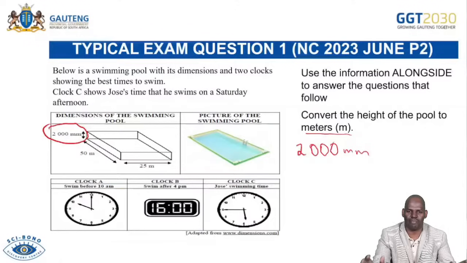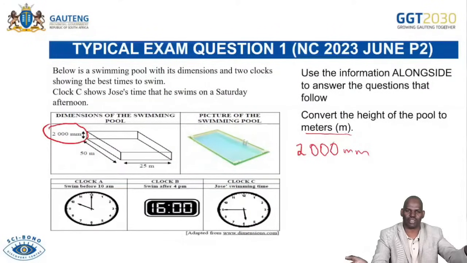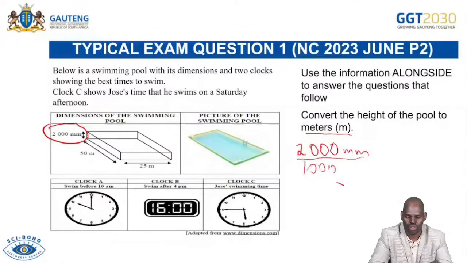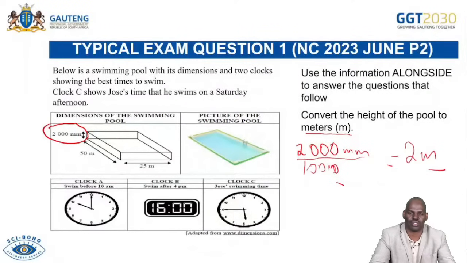How do you convert from millimeters to meters? I indicated in the structure of the question paper that you need to know how to convert between meters and millimeters, and that is in question 1. It means we must divide by 1000. See how easy it is. 2000 divided by 1000 changes to 2 meters.